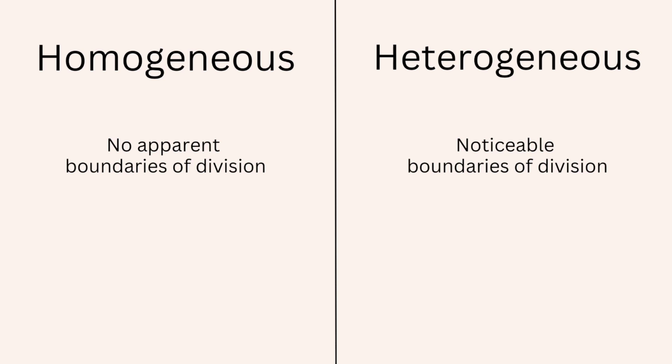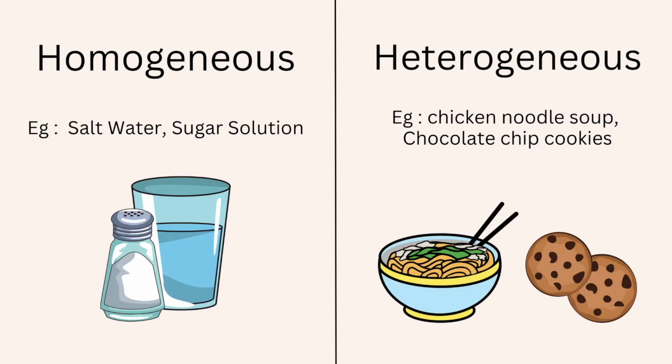Whereas in a heterogeneous mixture, you will be able to clearly draw a boundary between the different particles that are mixed. Now the last point is that examples of homogeneous mixtures are salt water and sugar solution. For heterogeneous, you can think of anything, like I told, a salt and pepper mixture is a heterogeneous mixture.